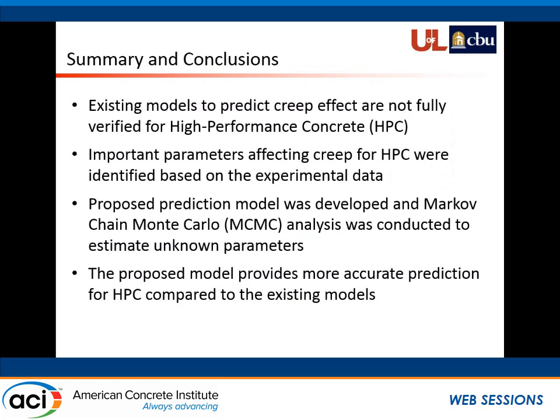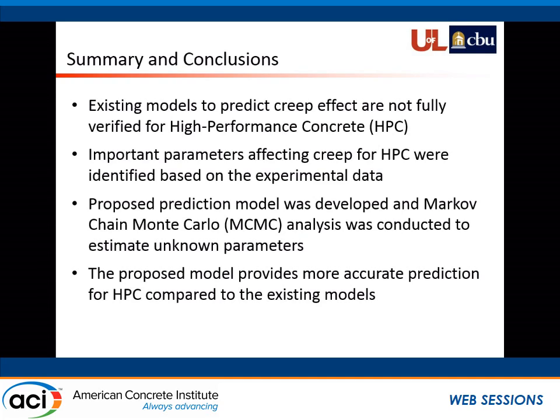So this is the current result, and I'm going to summarize what we have done. The existing models to predict creep deformation are not fully verified for high performance concrete, which was one of the motivations for this study. Important parameters affecting creep deformation, especially the intrinsic parameters, are added in the proposed model.